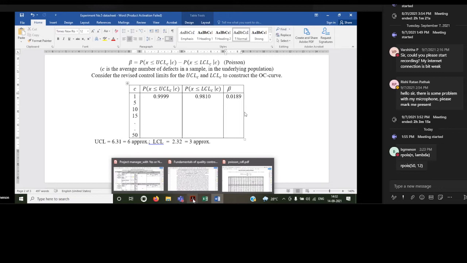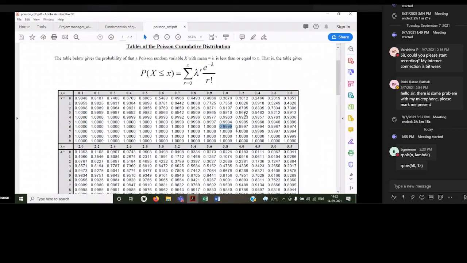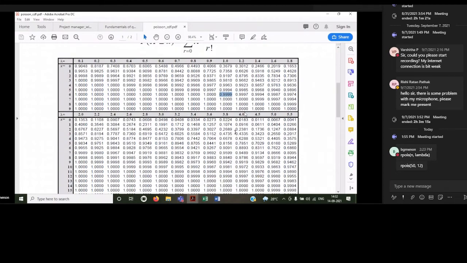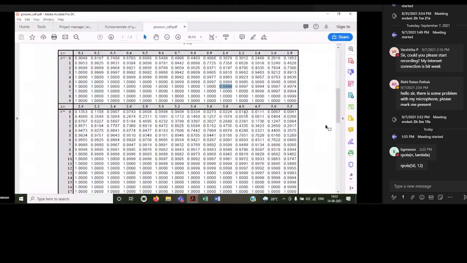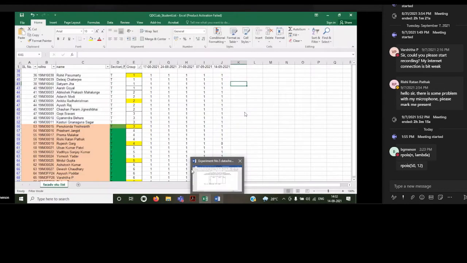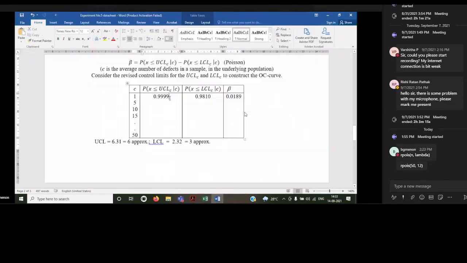For the next one, C is 5. For the second column, that is P of X less than or equal to UCL, can you find the value from the table for C 5 and UCL value 6? It is 0.7622. What will be the next column, LCL?